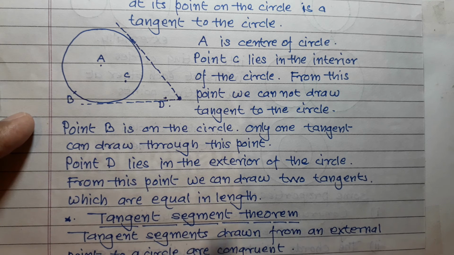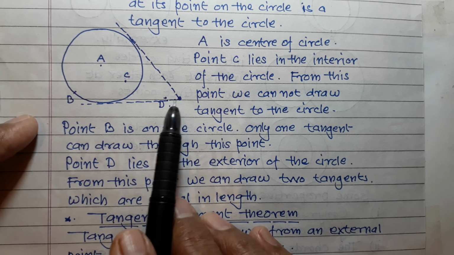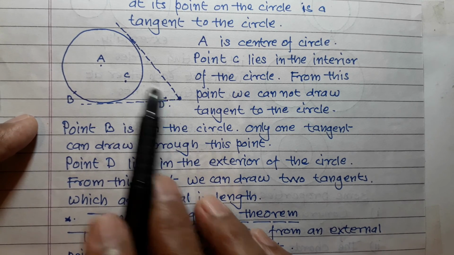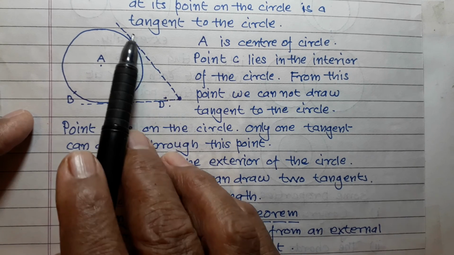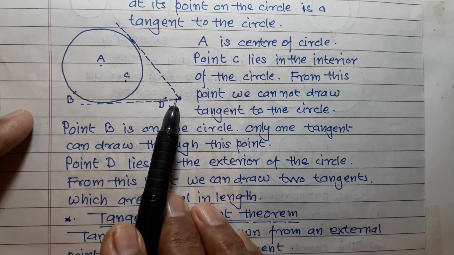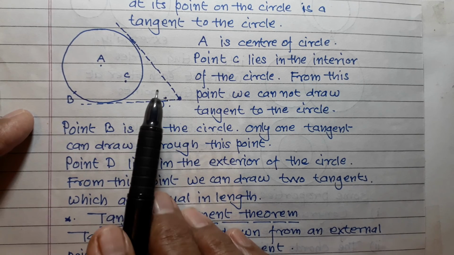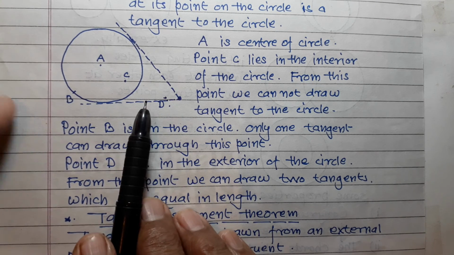What is the theorem? The tangent segments drawn from an external point to a circle are congruent. This is the external point, and if you draw two tangents to the circle, then this is called a tangent segment, and this is called a tangent segment. These tangent segments are equal.